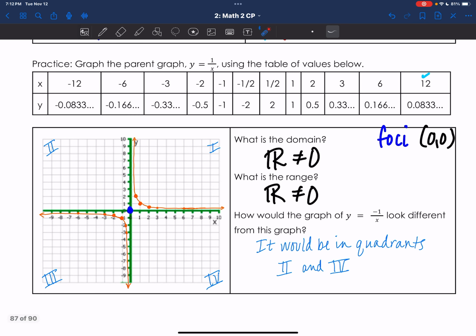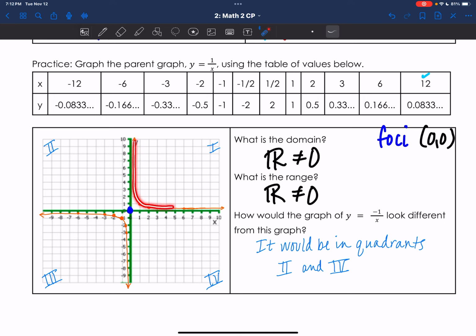So for this, I plotted the points, so try your best. I know some of these aren't the easiest numbers to do, but go ahead and I want you to first label your quadrants. And then you're going to plot your points as best as you can. Obviously, you do the ones that you can do.